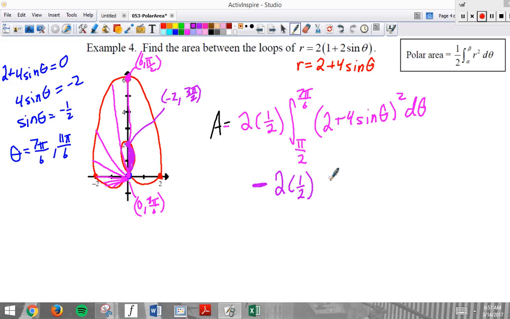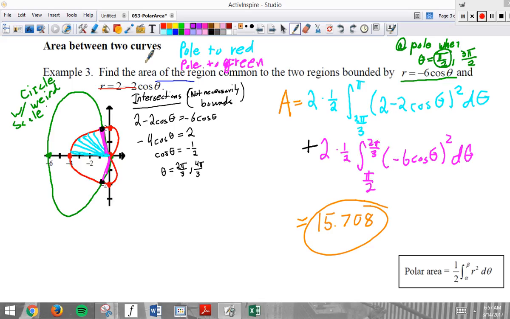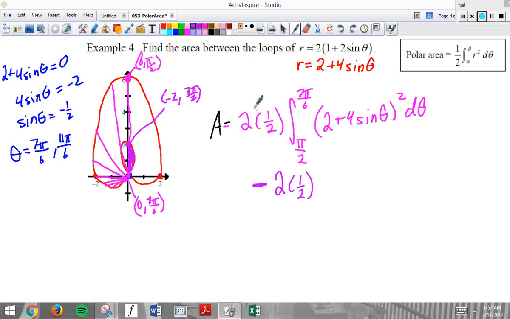When they want common area, it's usually plus. I'm just going to go over that again. When they want common area, it's usually plus. Not saying always. And when between, it's usually minus. So now we're going to integrate from 7 pi over 6 until 3 pi over 2, so that'll get us halfway around the loop.